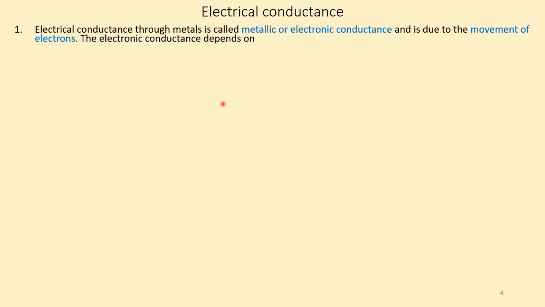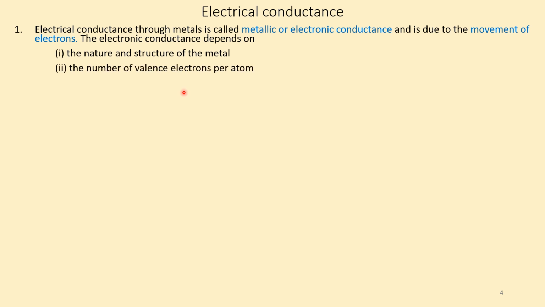The electronic conductance depends on the following factors. Number 1, the nature and structure of metal. Number 2, the number of valence electrons per atom. Number 3, temperature. If there is an increase of temperature, the electronic conductance decreases.